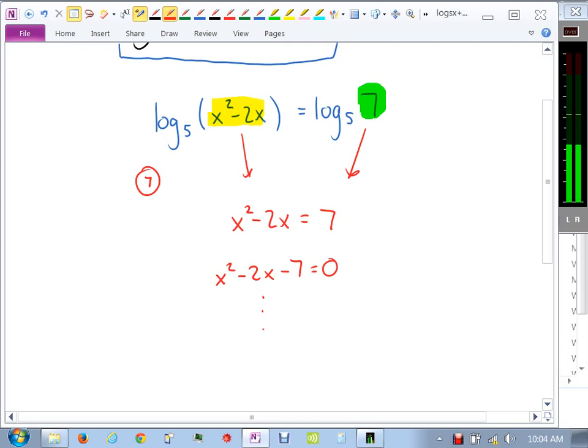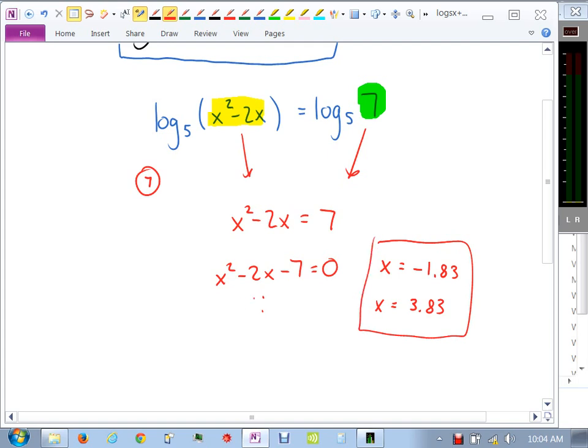And your solutions, without me actually going through it, are going to be x is negative 1.83 and x is 3.83. I would use the quadratic formula on that. That's what I would have done. You would have been forced to do that because you can't factor that.